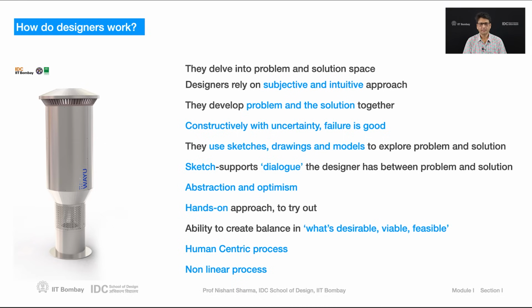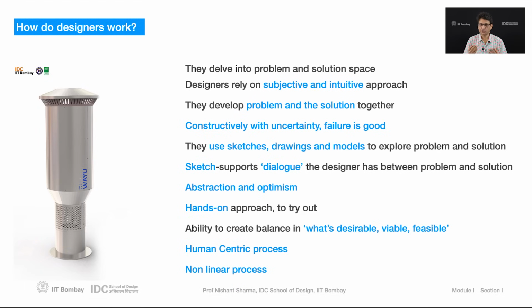Designers tackle problems through a unique holistic process, exploring the problem and potential solutions simultaneously. Their approach is deeply subjective and intuitive, embracing uncertainty as a source of inspiration.